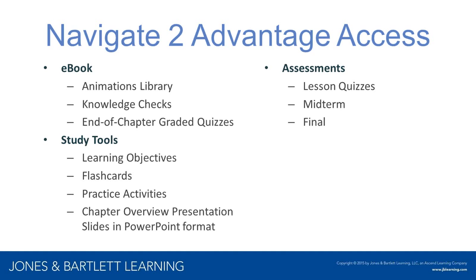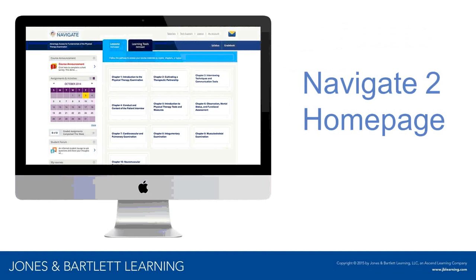There are also end-of-chapter graded quizzes. Other assessments include a midterm and a final, and all of these quantitative assessments are automatically graded and entered into the instructor grade book. The student also can see learning objectives and access other helpful resources like online flashcards and practice activities, as well as an overview of the chapter in a PowerPoint.